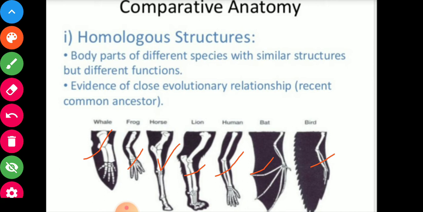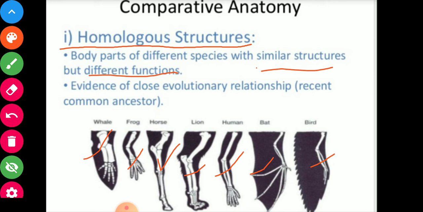You can see the bones which are shown in these organs, they are similar. So body parts of different species with similar structure but different function, they are called homologous structures. So structure is similar but function is different. They are called homologous structures.